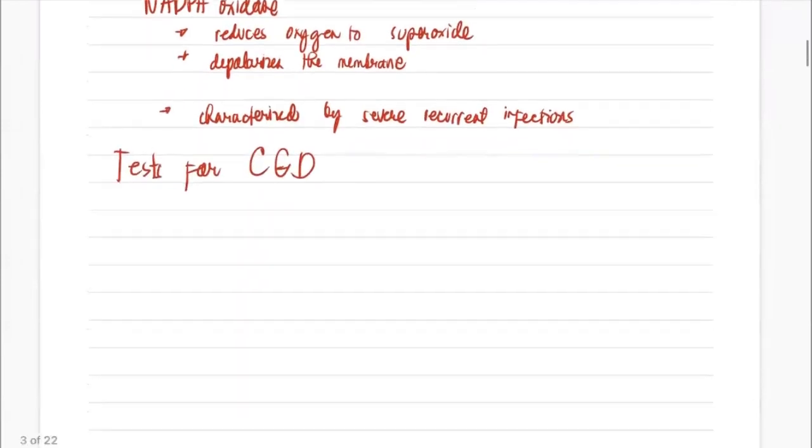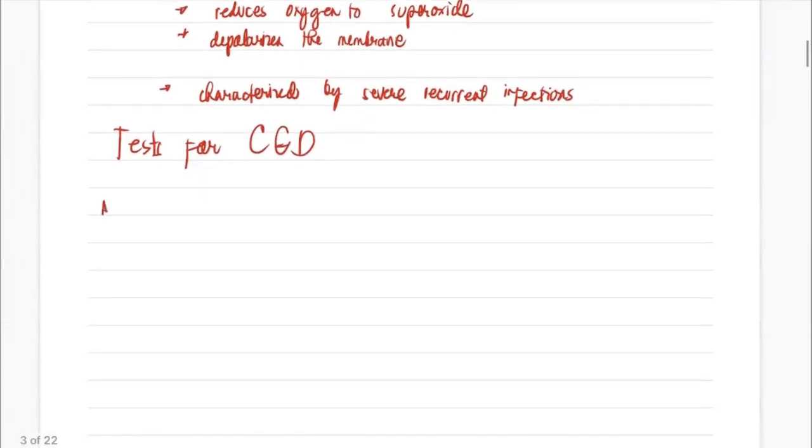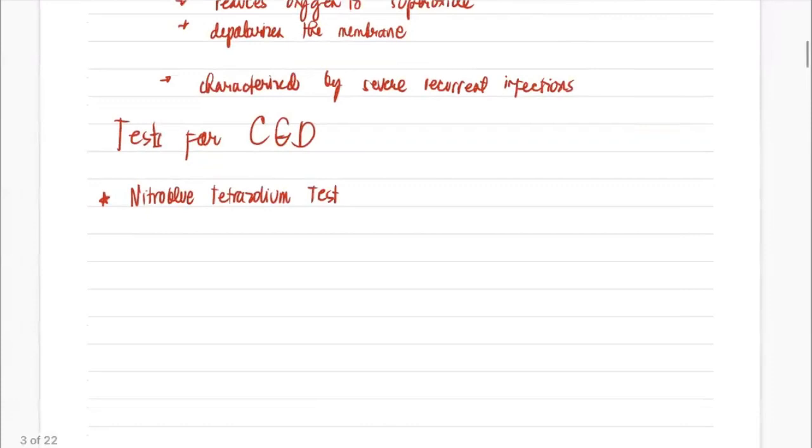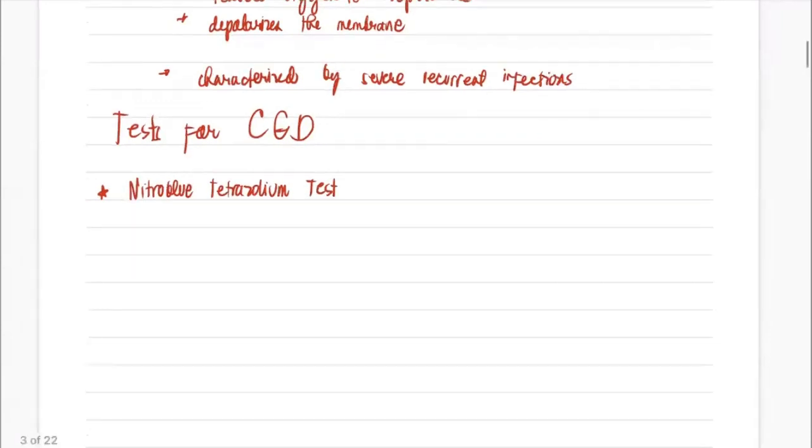Okay? So we have the classic one, yung tinatawag natin na nitro-blue tetrazolium test. Okay? So itong si nitro-blue tetrazolium, this is naturally a colorless or para siyang yellowish to colorless na dye, si NBT.